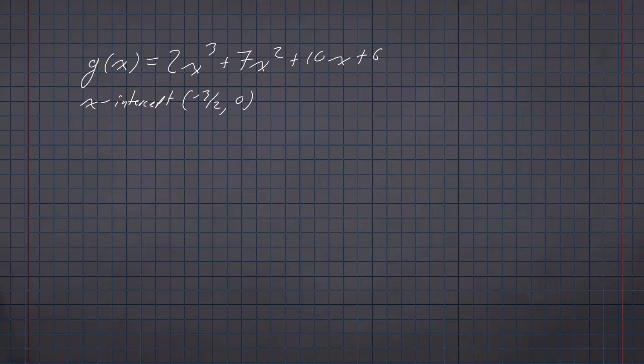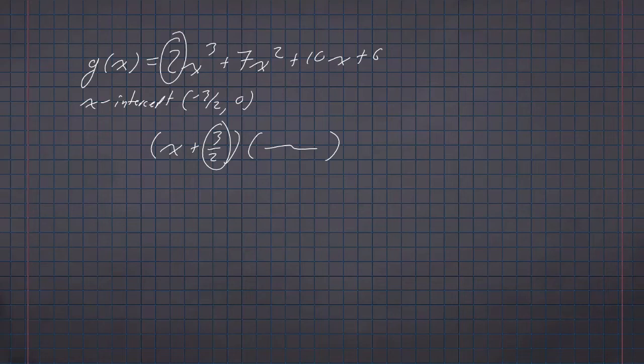Having an x-intercept at negative 3/2, 0 means that this is going to factor into x plus 3/2 times something. Now, one nifty trick that I can use here, I really don't want to deal with the fraction if I can avoid it.